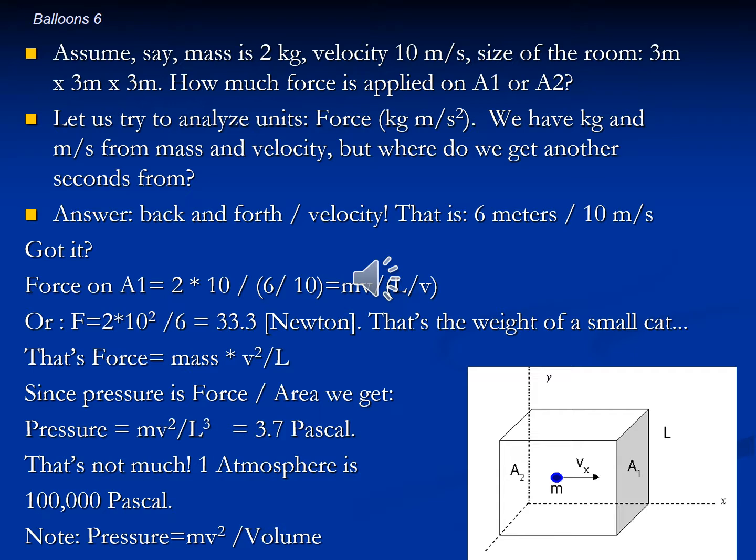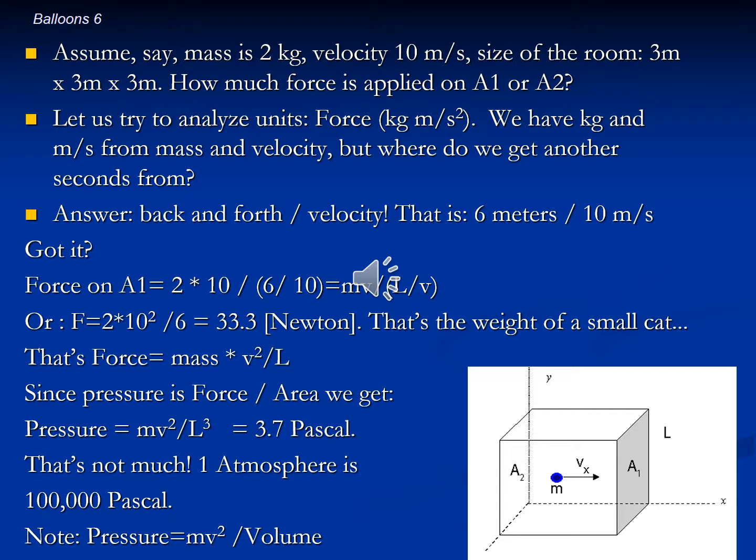That's about the weight of a small cat. You can then divide force by area and you get pressure, which is a very, very tiny pressure from that large, massive, quick ball. Compare that with the actual atmosphere, one atmosphere in a room, which is 100,000 Pascal.